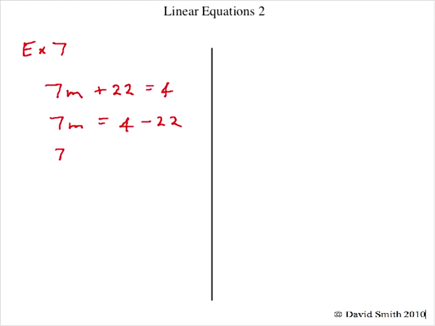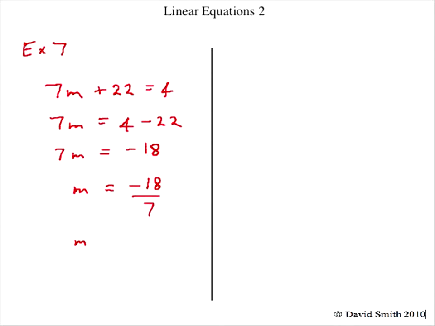So 7m is equal to minus 18. Again, we get m by dividing the minus 18 by the amount of m's we have, minus 18 divided by 7.